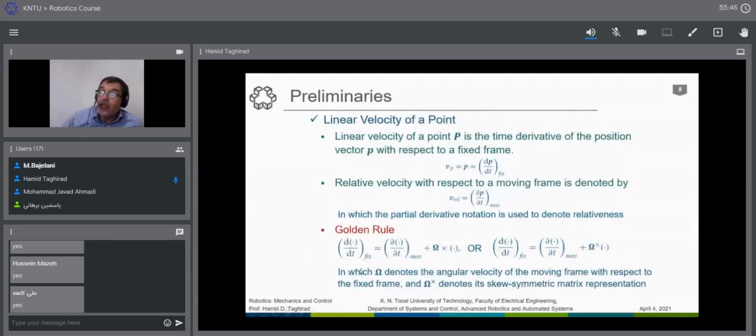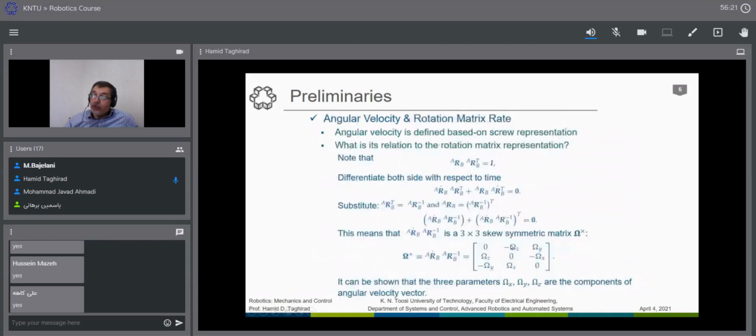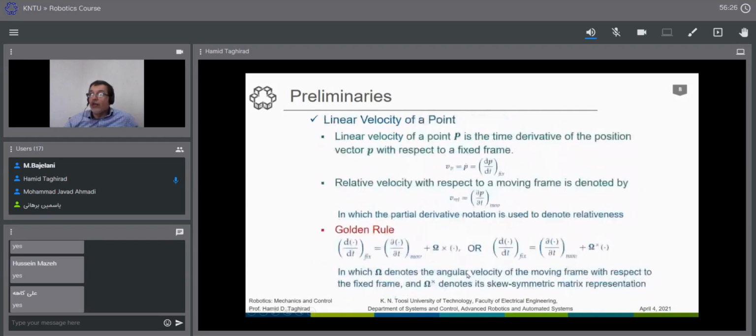And the most significant part is this golden rule: the derivative of anything with respect to a fixed frame is the derivative of that with respect to the moving frame plus omega cross that stuff that we are differentiating, either in a vector or in a matrix way. And in matrix way, instead of having omega x, omega y, omega z, we should write this into a skew-symmetric matrix in this form to find the derivative.